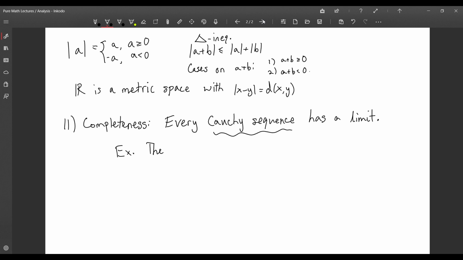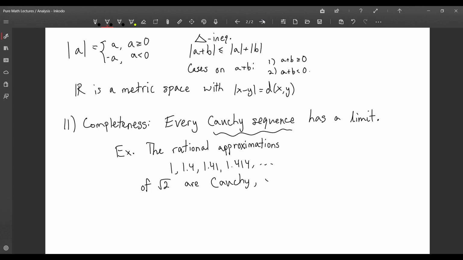the rational approximations 1, 1.4, 1.41, 1.414, etc., of the square root of 2 form a Cauchy sequence, yet do not converge in Q. So this completeness is what's going to set apart the real numbers and the rational numbers.